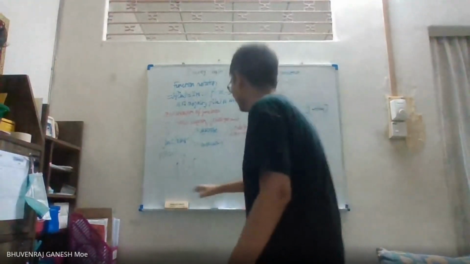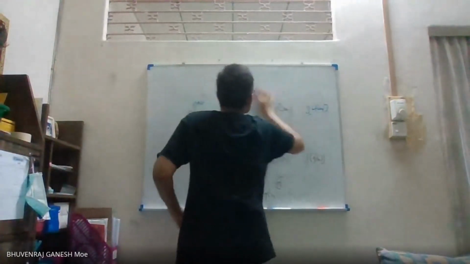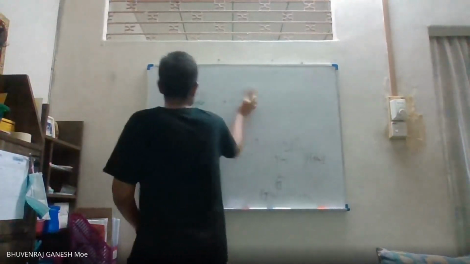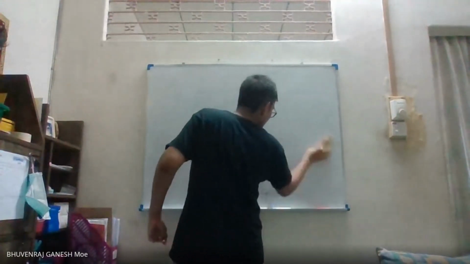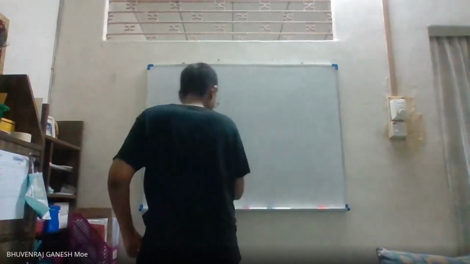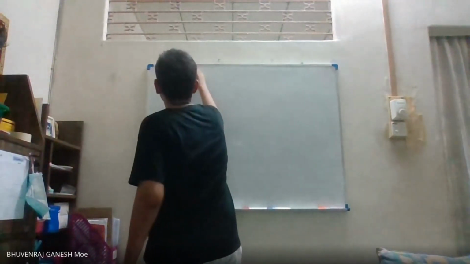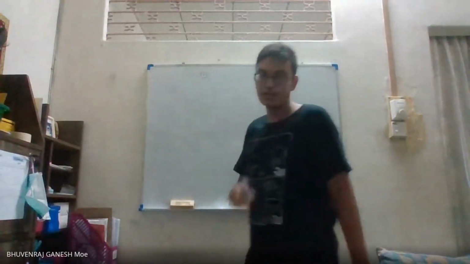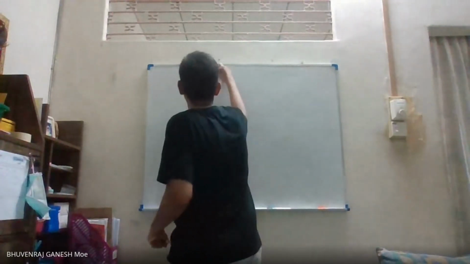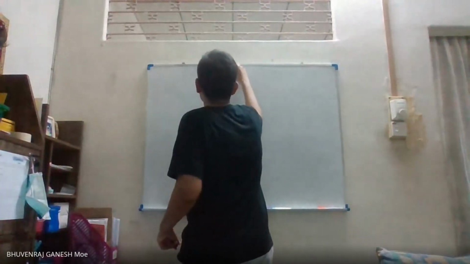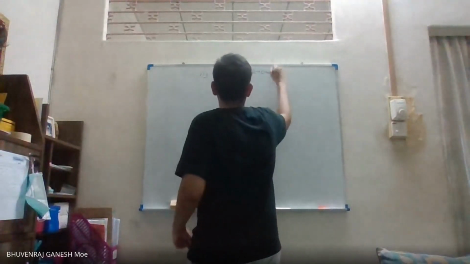Okay, so now how to explain this is like this. Let's say f maps x to y. So the inverse function of this is f inverse of x is y. That's what I showed just now in the question.